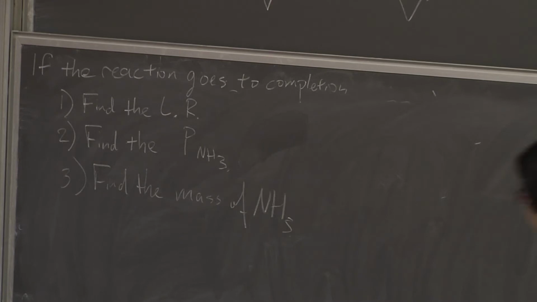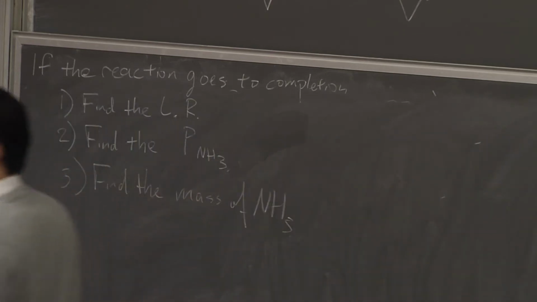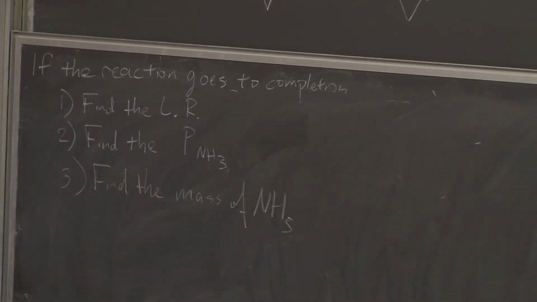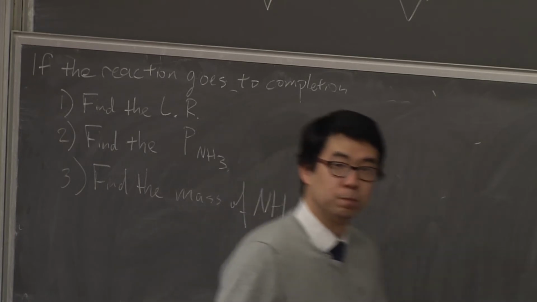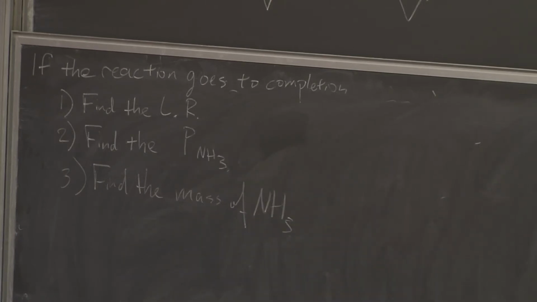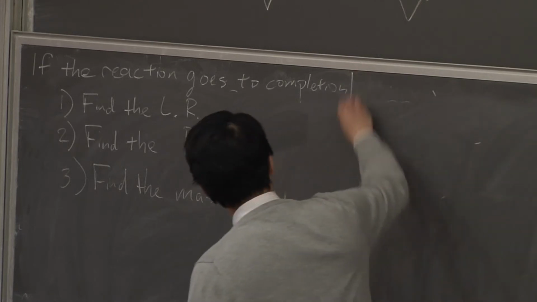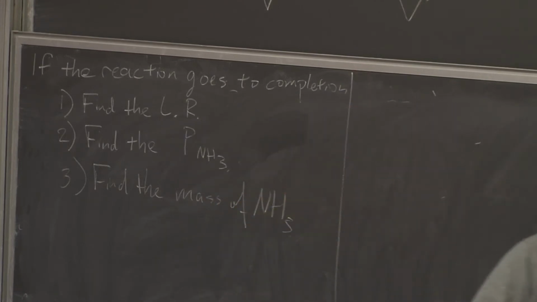Okay, so if the reaction goes to completion, find the limiting reactant. Find the partial pressure of NH3 when the limiting reactant is all used up, and find the mass of NH3 when the limiting reactant is all used up. So you finished the last exam and forgot all about limiting reactants, right?